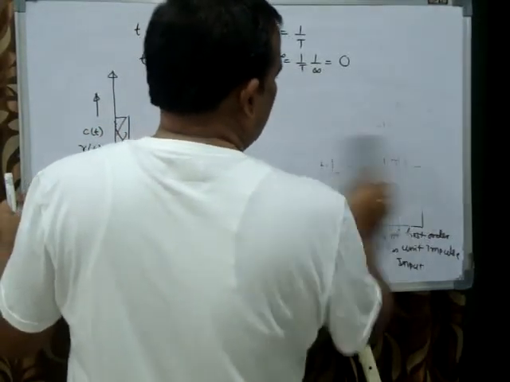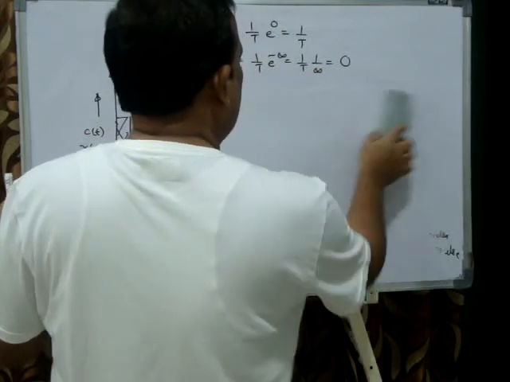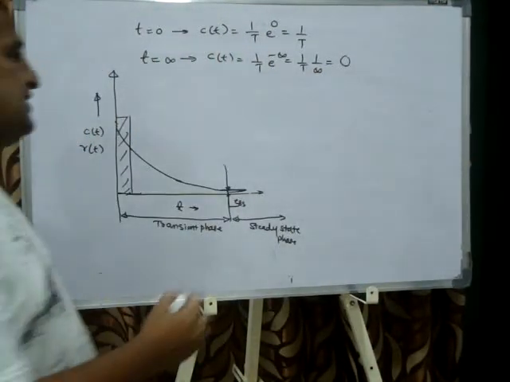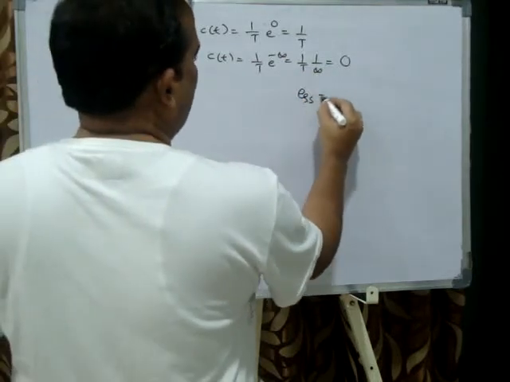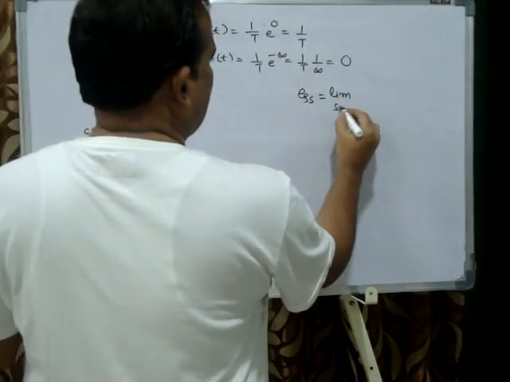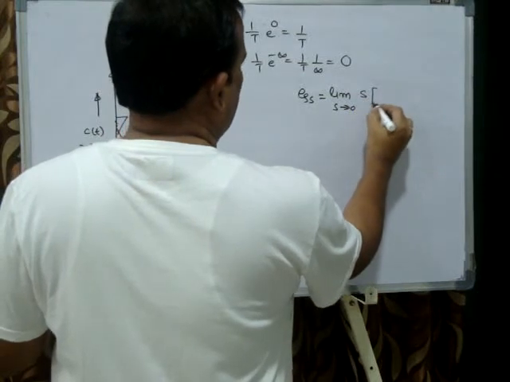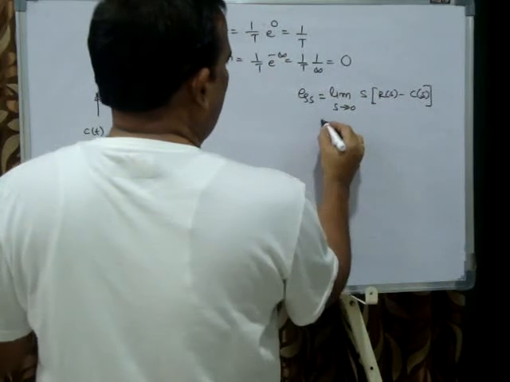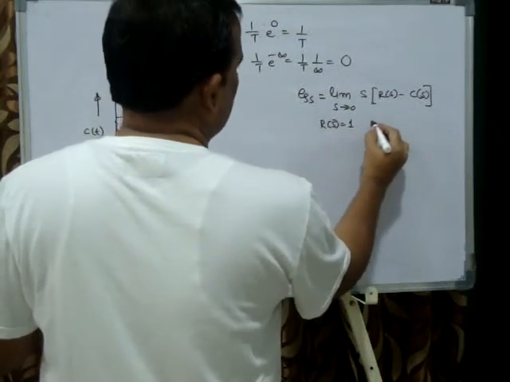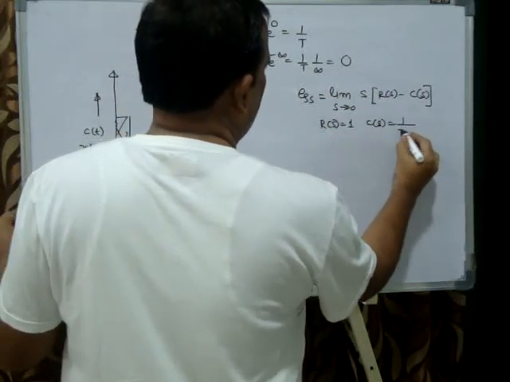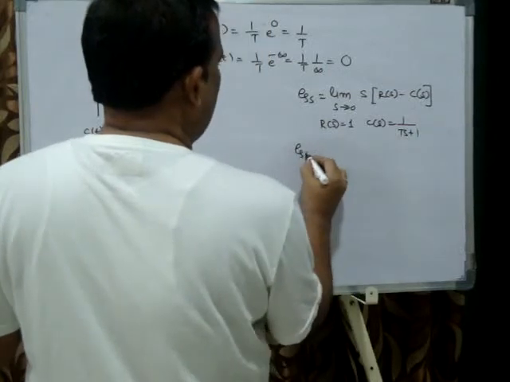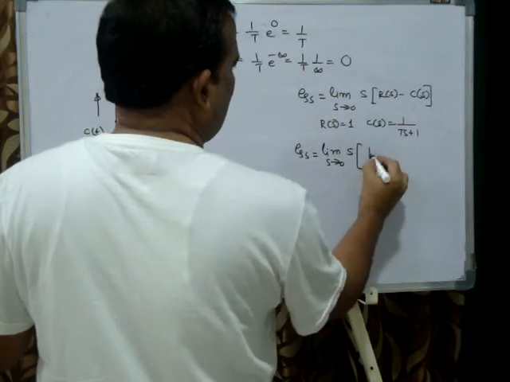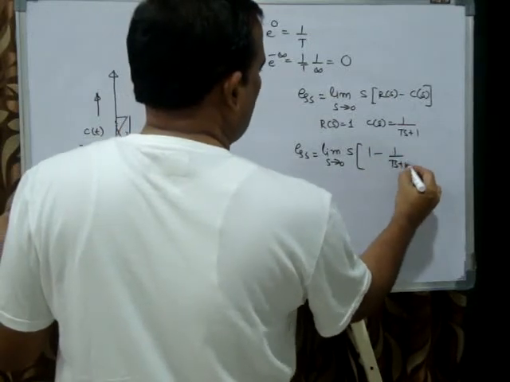So now I will find the steady state error also. We know steady state error equal to limit s tends to 0, s times R of s minus C of s. This is the formula for steady state error. But here R of s equal to 1, C of s equal to 1 by Ts plus 1. So steady state error equal to limit s tends to 0, s times 1 minus 1 by Ts plus 1.